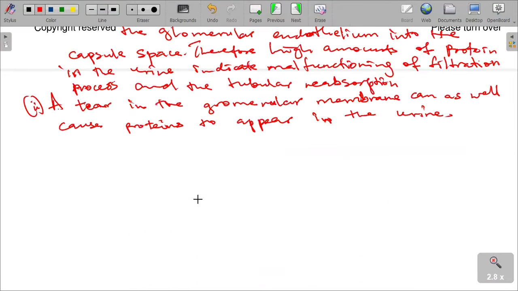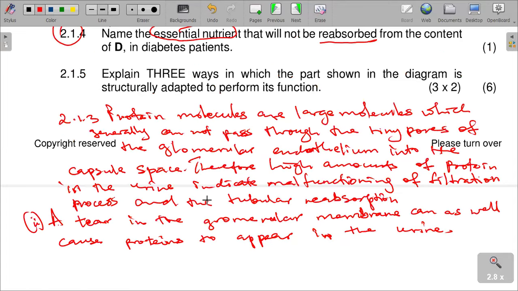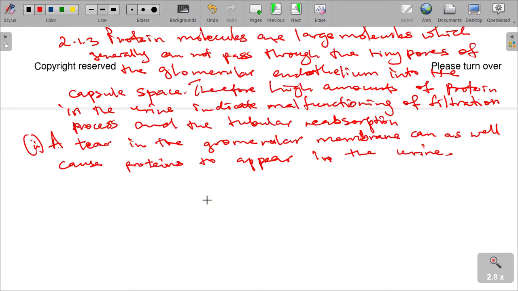That is what you should talk about here. Question 2.1.5. I'm just going to use a different pen for us to see clearly. One, the afferent arteriole is wider than the efferent arteriole. That is the first point.